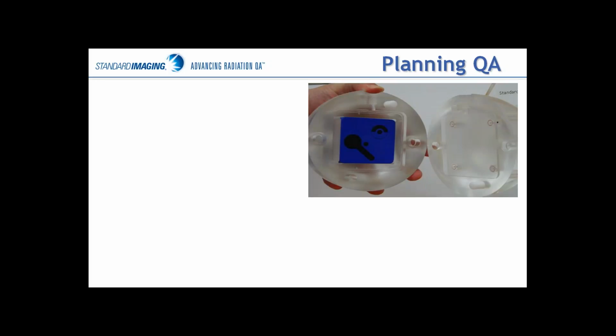So after we've established our baseline and organized the imaging and image fusion capabilities of our SRS program, the next step would then be to move on and look at the planning system itself. So the Lucy Phantom has a very nice insert. It's called an irregular shape or OAR type insert, where we've got a target and then an organ at risk right next to that target.